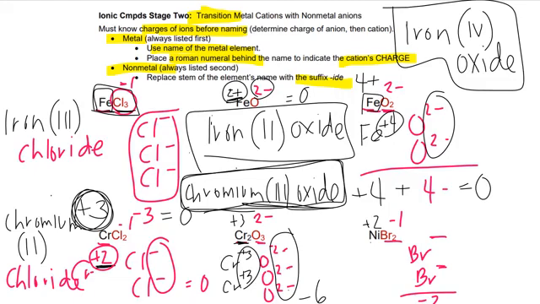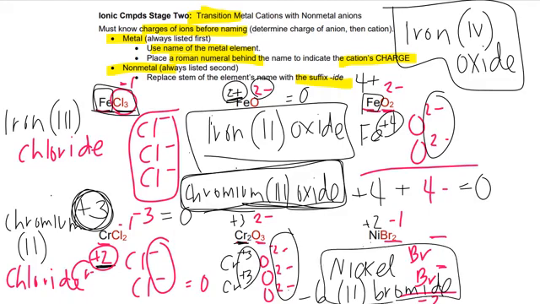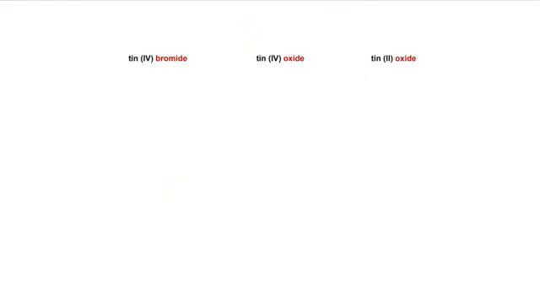So this must be nickel, and then in parentheses, 2, and then bromide. Nickel 2 bromide.